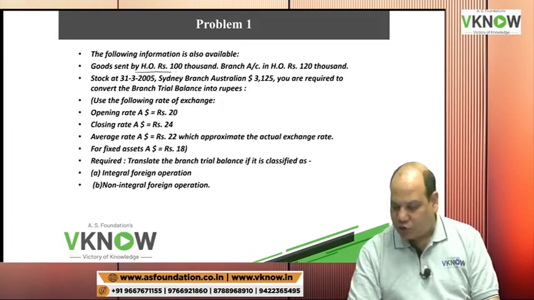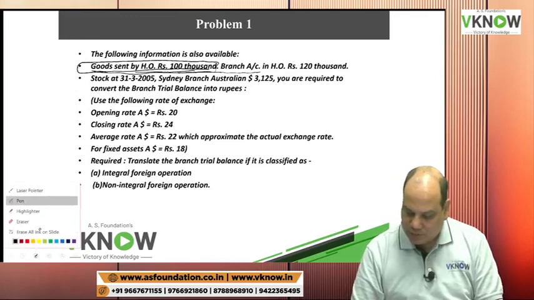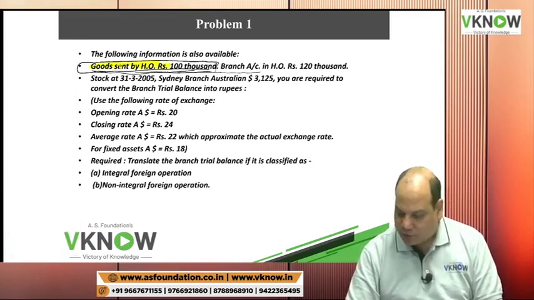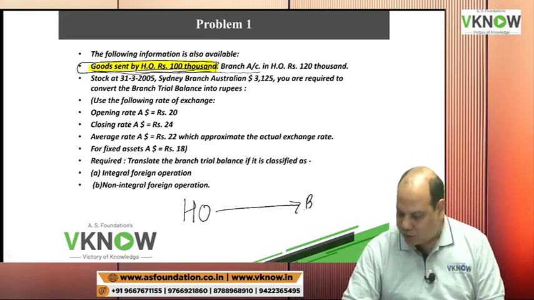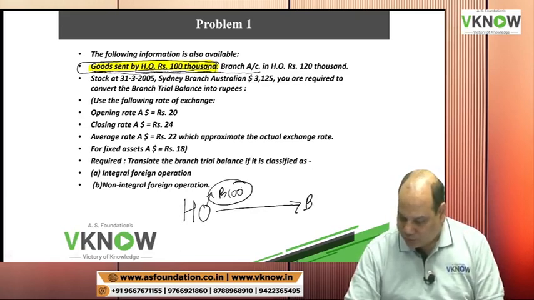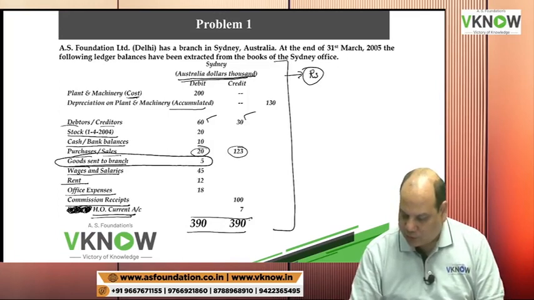Goods sent by HO, rupees 100,000, to the branch. First, there are two adjustments in this. One is goods sent by head office to branch, rupees 100,000. In the books of head office, rupees 100,000 is appearing. And in the books of the branch, in the trial balance, goods sent to branch shows $5.